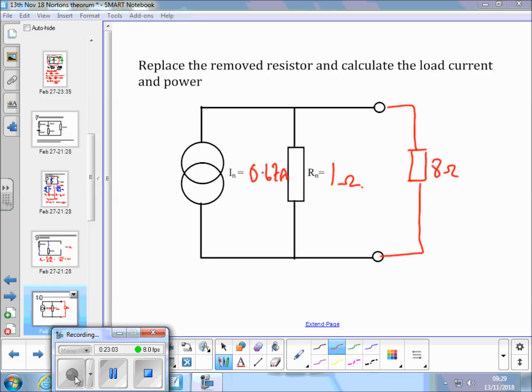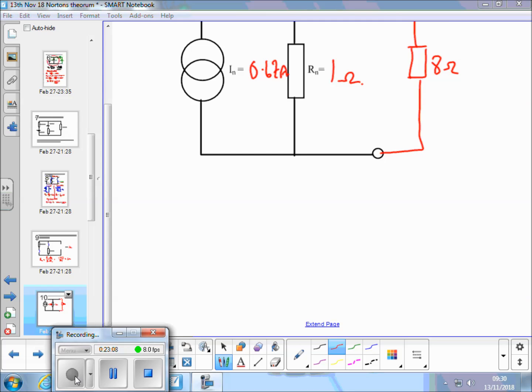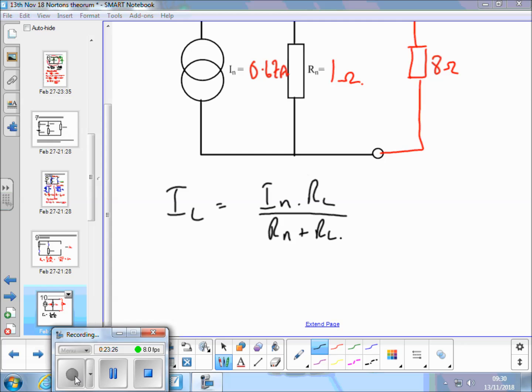Right, how are we going about it then? How have we calculated? IL is Rn over Rn plus RL times IN. So you used the current divider rule, yeah? 0.67 times 8.